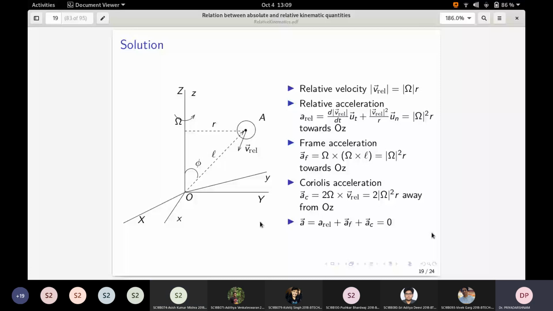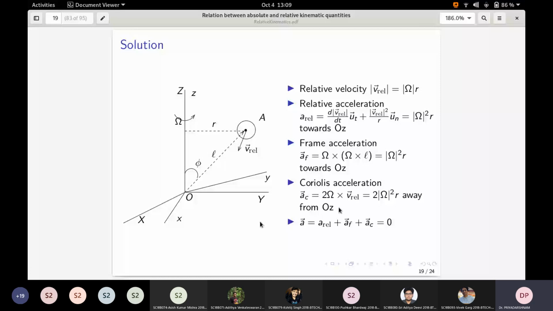Okay, sir. In the moving frame, which one of these will it measure? It cannot measure all of them. So how do you make sense of that?